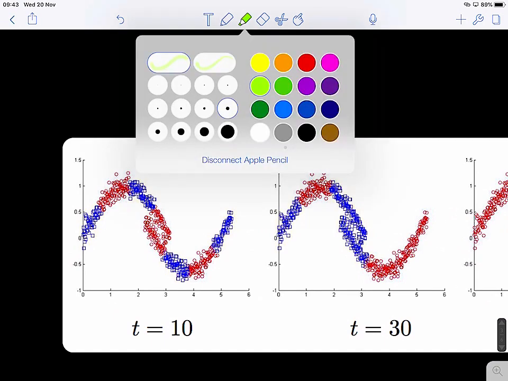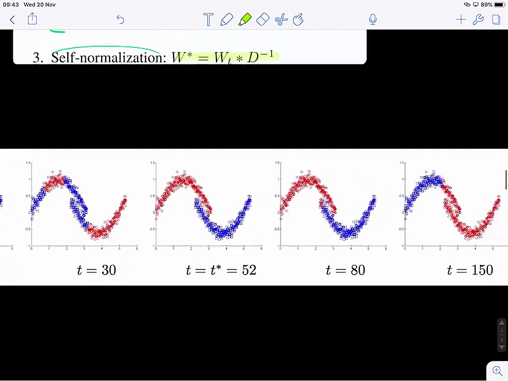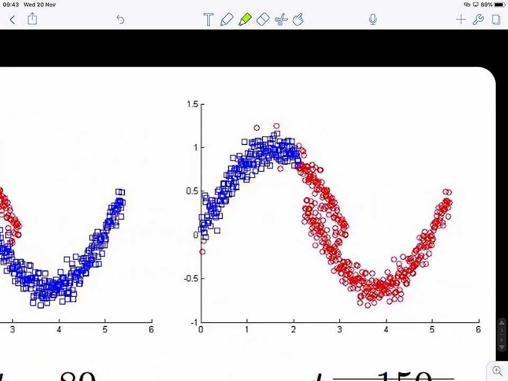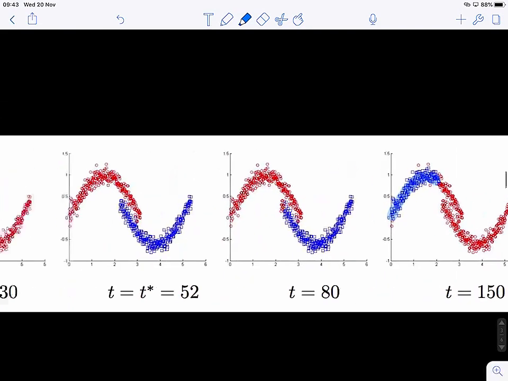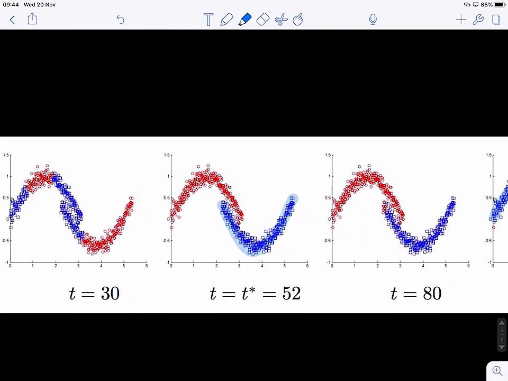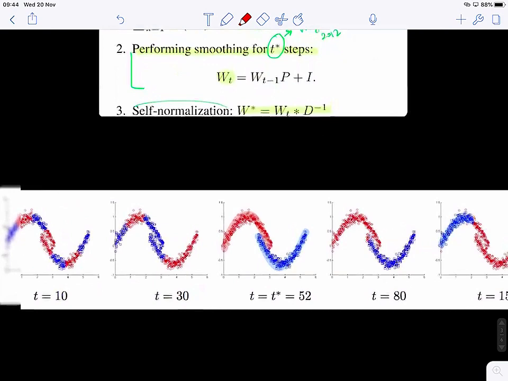So ultimately, if we learn a good similarity metric between samples, we will have all the squares together. Now this is not a good one. Let's look at a good one. So we will have all the squares together, and all the circles grouped together. So this is learning our manifold, the similarity between samples.